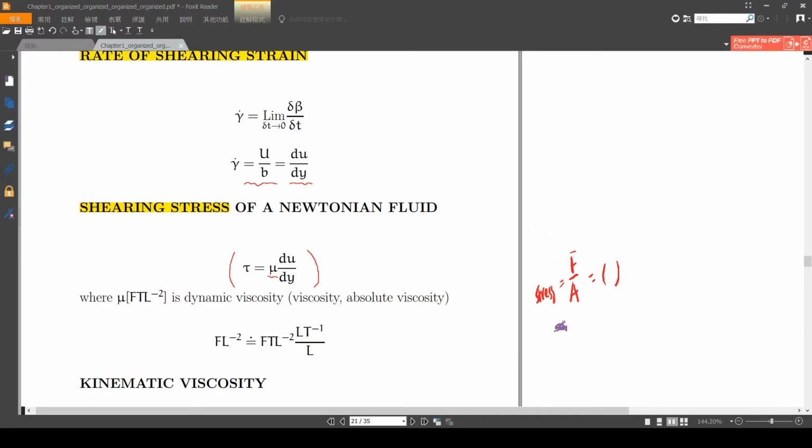If you want to know the dimension of the viscosity, you write it like this: it is equal to the shear stress divided by du/dy. The dimension of the stress is force divided by length squared, the y here is a length, and the velocity is length per unit time. So like this, we get F t over L squared.